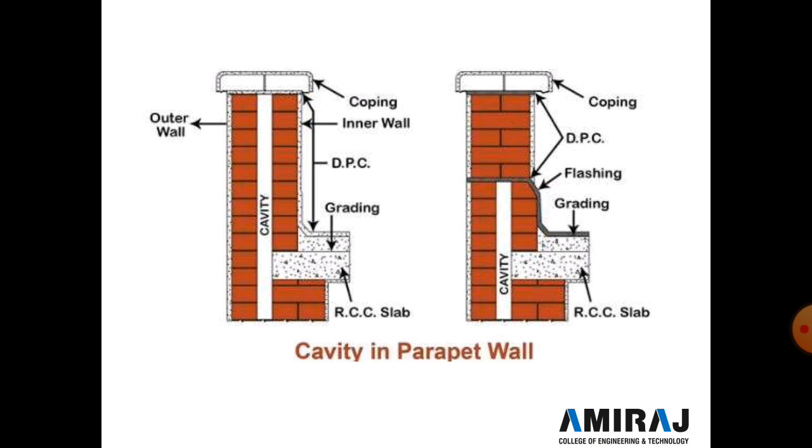In the second figure, we provide a DPC, and after the DPC we start the brickwork up to the coping. So here the cavities extend up to the flashing level or up to the RCC slab. So this is the cavity in a parapet wall.